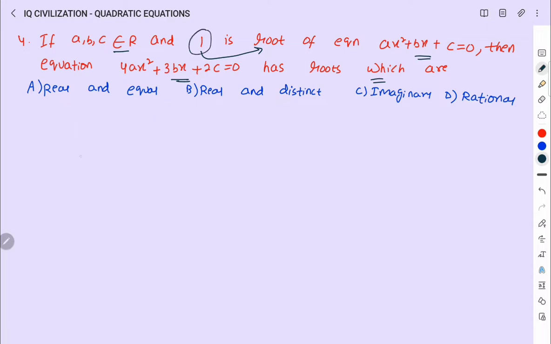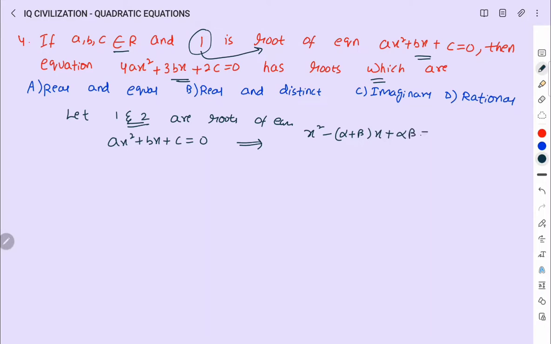So here, since 1 is already given, I will take 1 and 2 as roots of the equation ax square plus bx plus c equals 0. We already know the form x square minus (alpha plus beta)x plus alpha beta equals 0. So I got this equation.